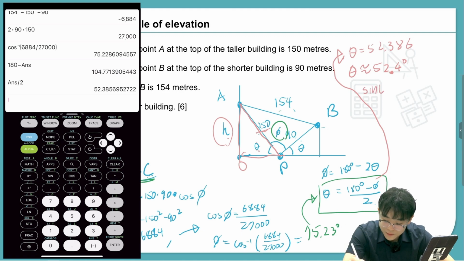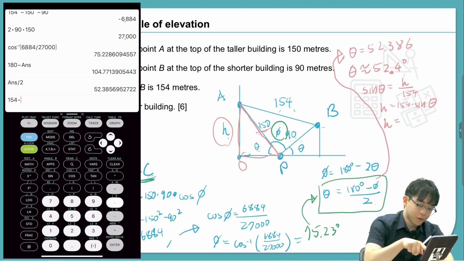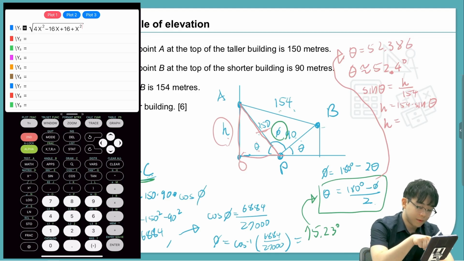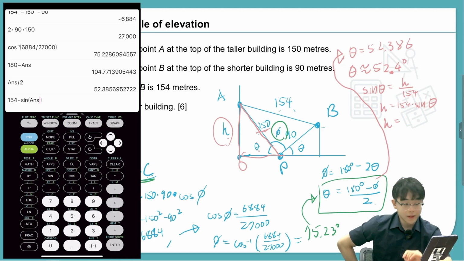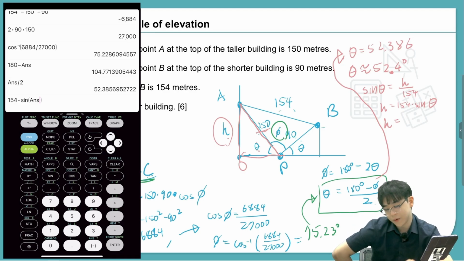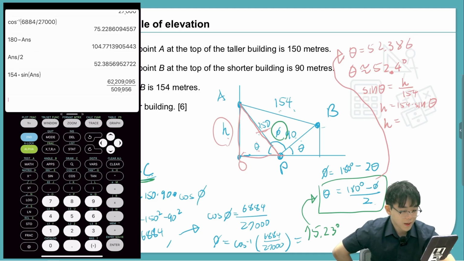So sine theta is simply going to be h over 154. So h is 154 times sine theta. So plugging in my known values, like 154 times sine of 52.39 degrees, or so it's written as 52.4, but you can use the stored values on your calculator.